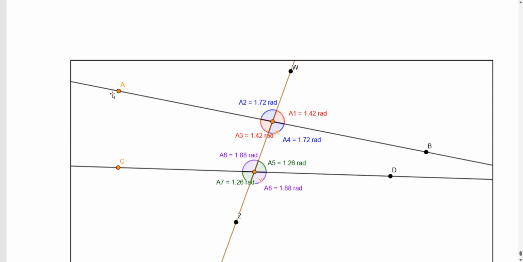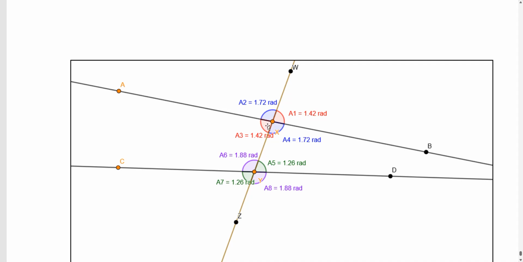Okay, so here is our setup where we have two lines. These are the two given lines, line AB, line CD. We have a transversal T, that's this line, say XY, and it intersects each of these lines.